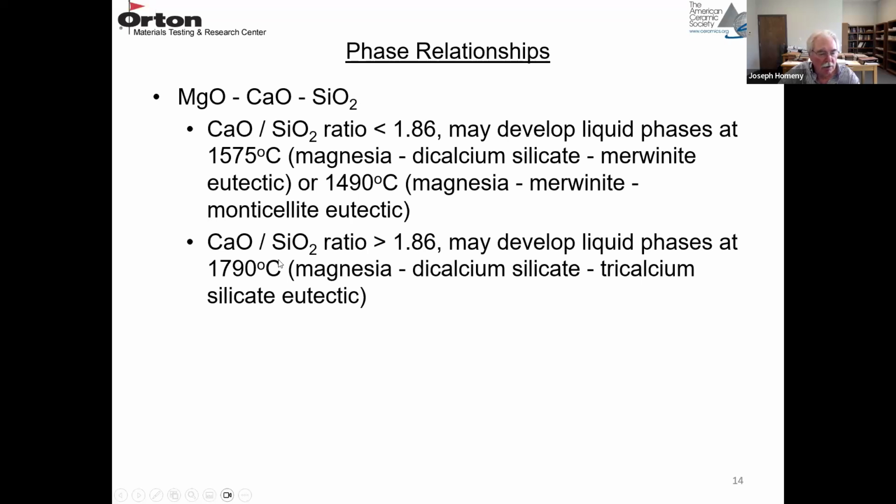So MgO is commonly used in steelmaking, lining basic oxygen furnaces. 1790 is a temperature higher than steelmaking temperatures, but 1575 and 1490 is not. So what that means is these low melting phases like merwinite, monticellite, and their corresponding eutectics are going to be fluid liquids at the grain boundaries at these high temperatures.